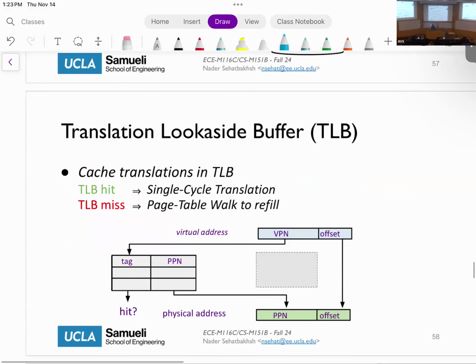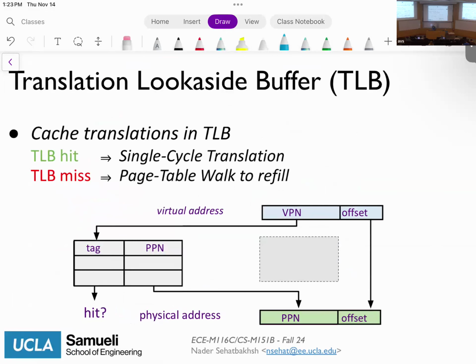In order to think about how this works, remember I showed you that there is a page table here. What happens with the TLB is that you take the VPN and you store this VPN as the tag. Think about this as a fully associative cache where the tag is VPN.